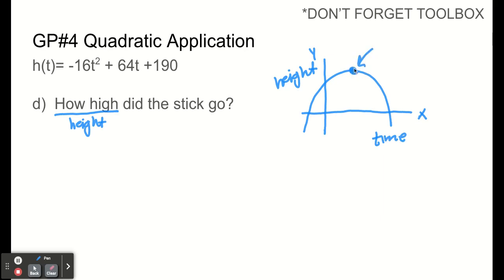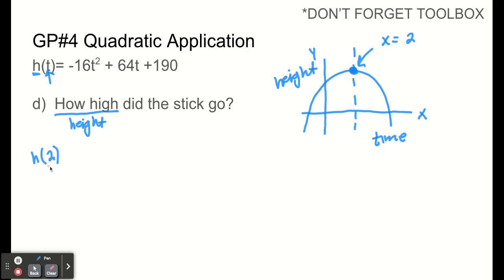That is how high the stick went. So to find that value, we already found that the axis of symmetry is 2. Okay, it's at its maximum height at 2 seconds, but now we need to find the height at 2 seconds. So h of 2, because 2 is when it reaches its maximum height.